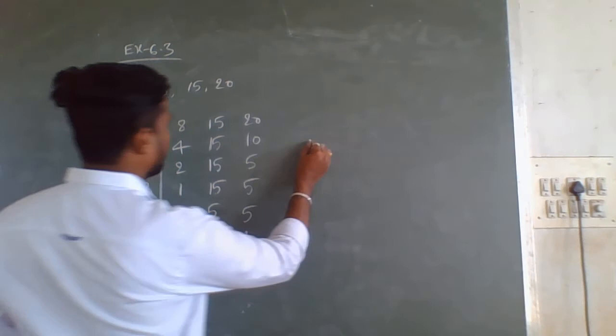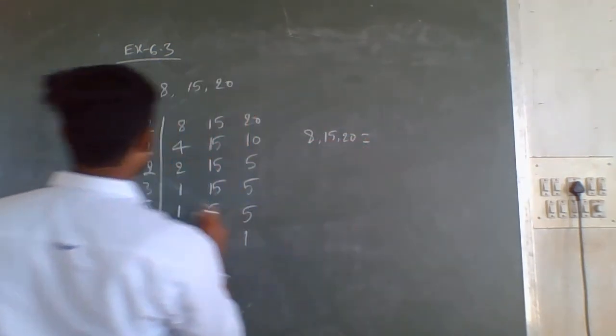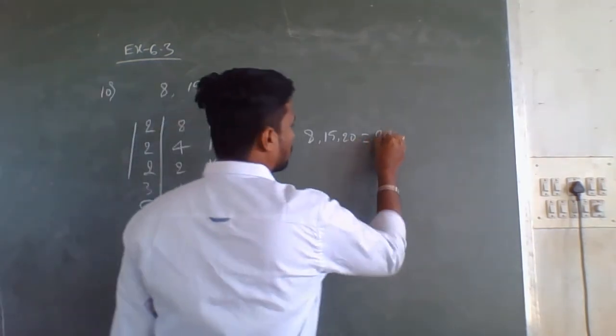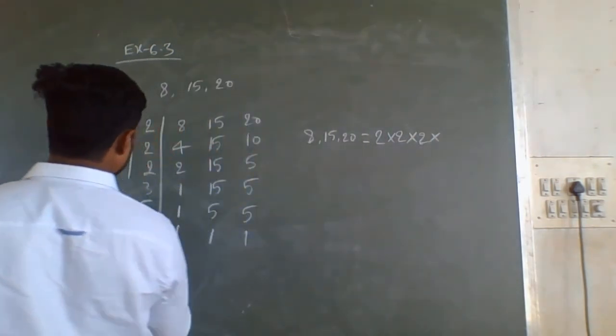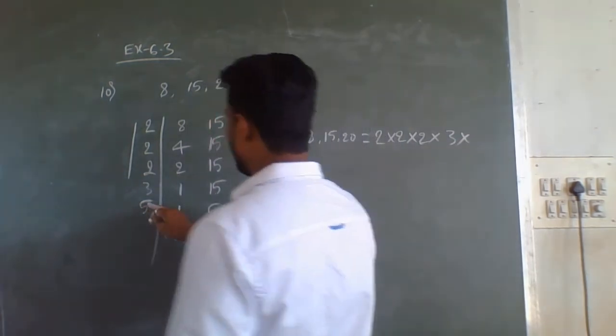So for 8, 15, 20, what we got here is there are three 2's, that means 2 into 2 into 2, into 1 three, and 1 five.